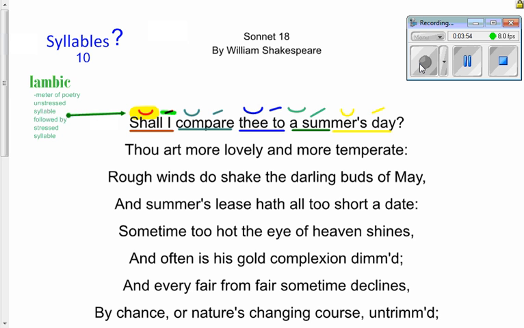So you have the first one, which is shall I compare thee to a summer's day. Okay, the first meter is underlined in red, the second in a teal blue, the third in a darker royal blue, the fourth in a green, and then the fifth meter of iambic is in yellow.